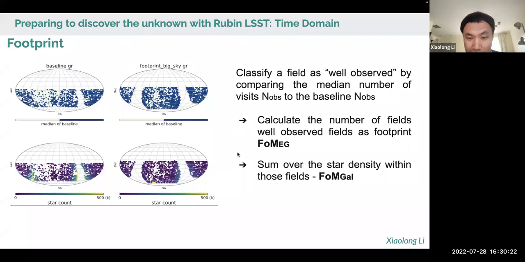And since we expect that more anomalies appear in higher density regions, we calculate the star density within the well-observed fields as the last figure of merit, to reward the observations in the galactic plane.